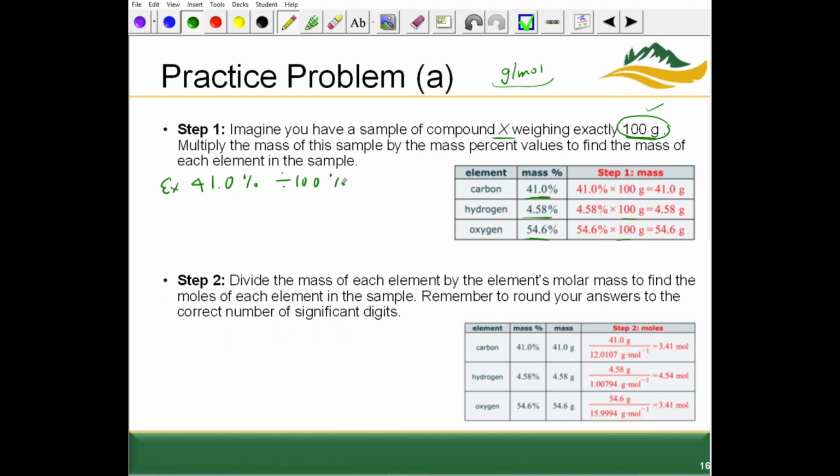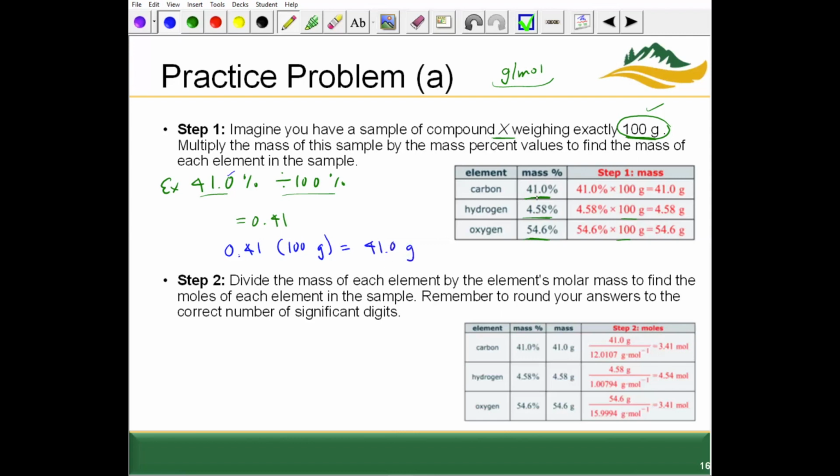To solve for this, the first thing we want to do is take 41.0% out of a percentage, and we do so by dividing by 100. That's going to equal 0.41. Then we take 0.41, the decimal form of this number, and we multiply it by 100 grams. That's going to equal 41.0 grams.